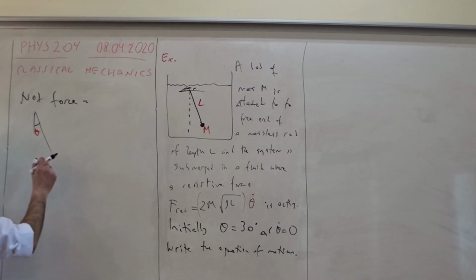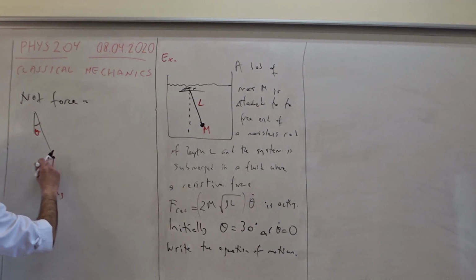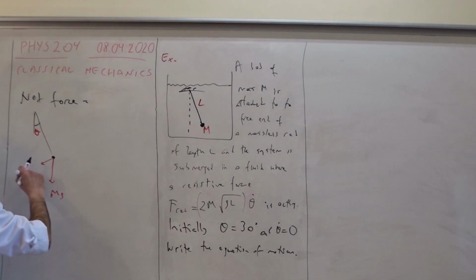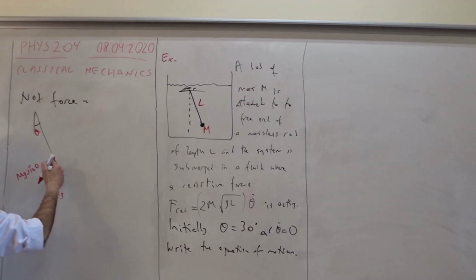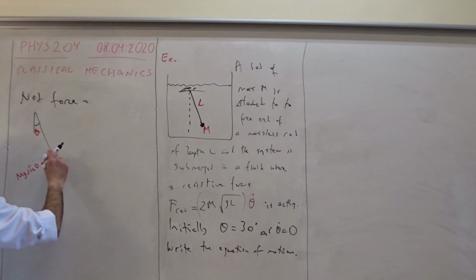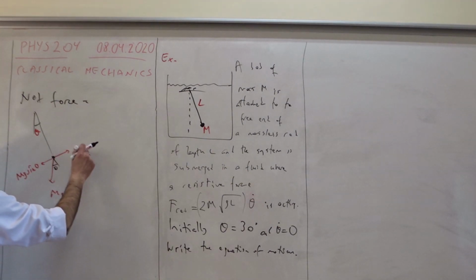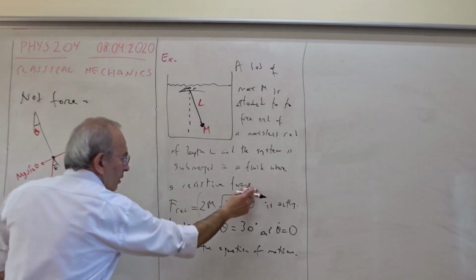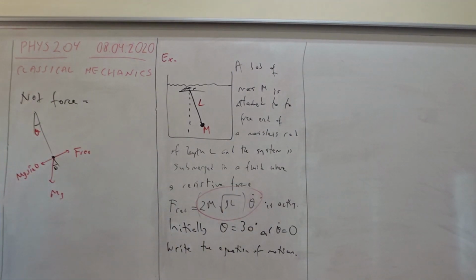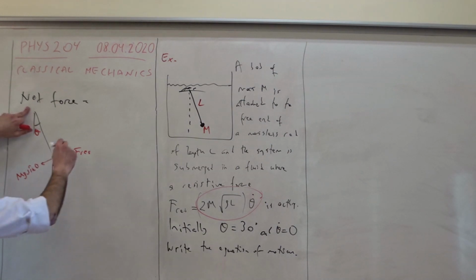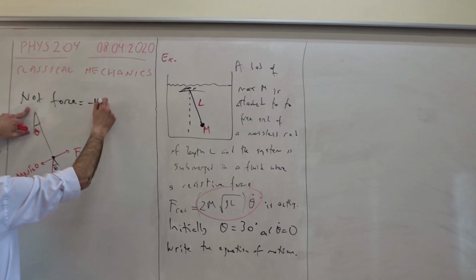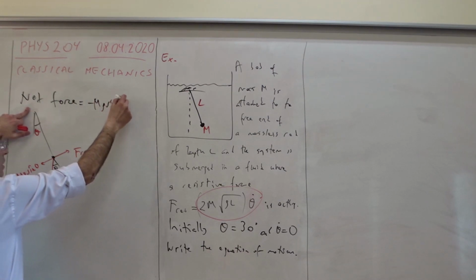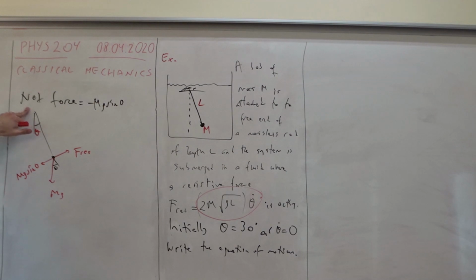Of course, this is mg, the weight of the object, but remember that it is mg sine theta, because this is also theta, and also there is a resistive term, given by this right hand side. So both are negative. Net force is, on the one hand, minus mg sine theta.